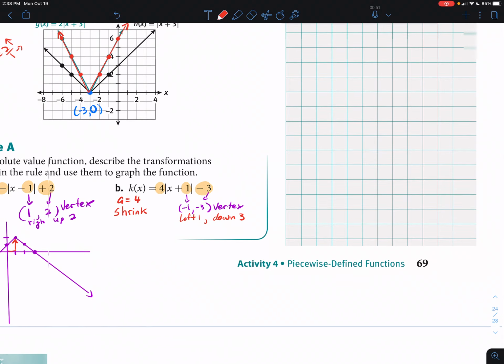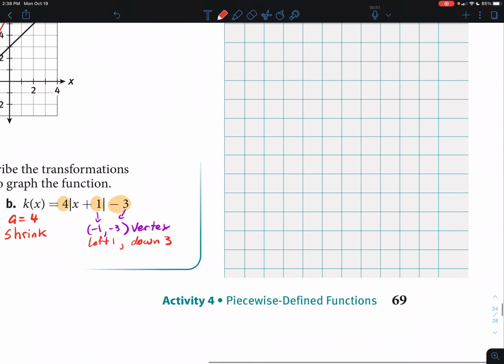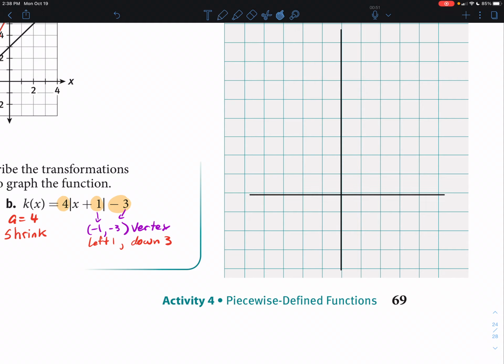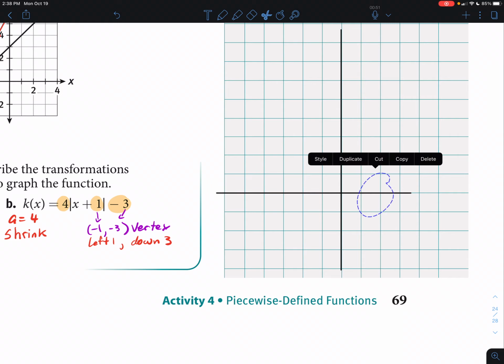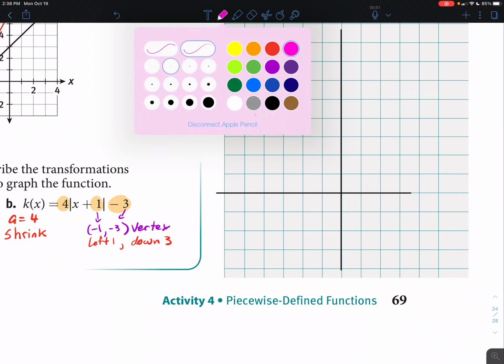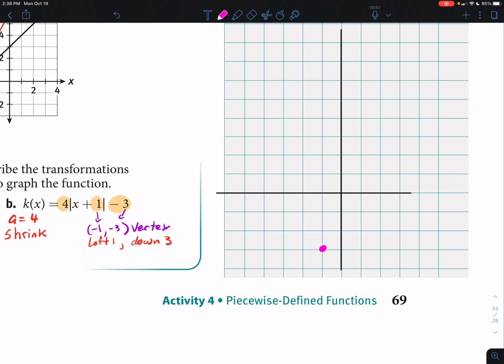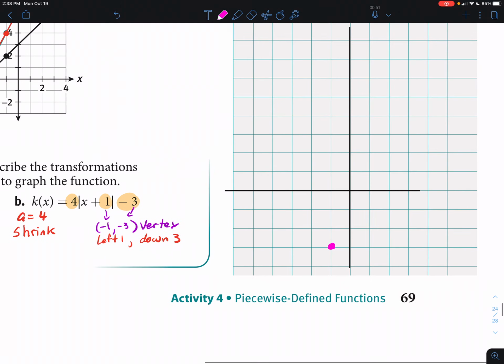So I'm going to do that one over here. No reflection since that 4 is positive. Left 1, down 3. So that's going to start us here. All right, and then our slope is 4 on one side, +4, so up 4, right 1, up 4, right 1.